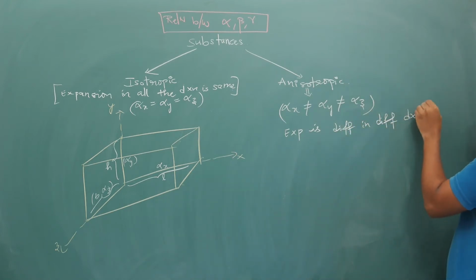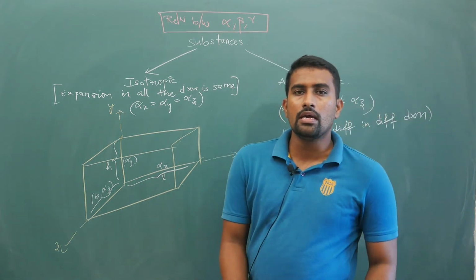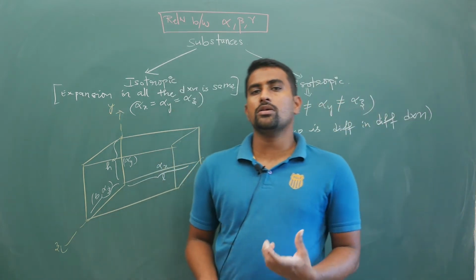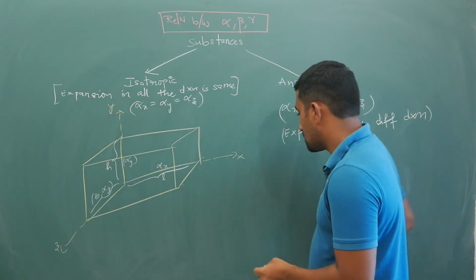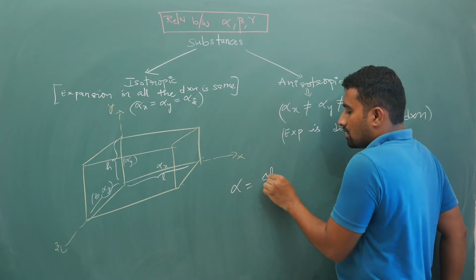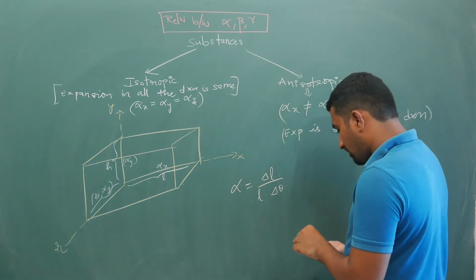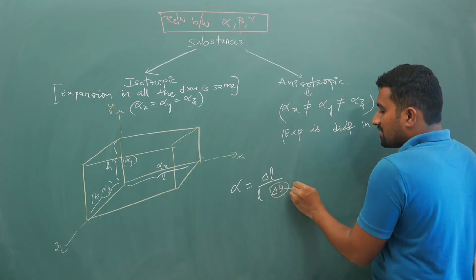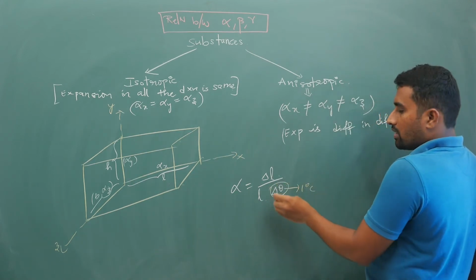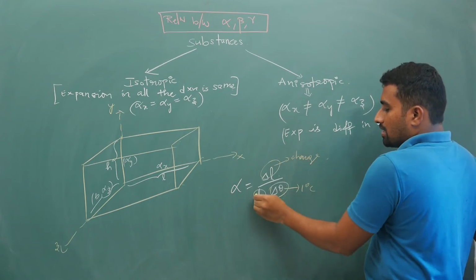Your coefficient of linear expansion is different in different directions. Here I want you to understand: if you are talking of alpha, you are writing delta L by L into delta theta. So what is alpha? If delta theta is 1 degree centigrade, this is change divided by initial.